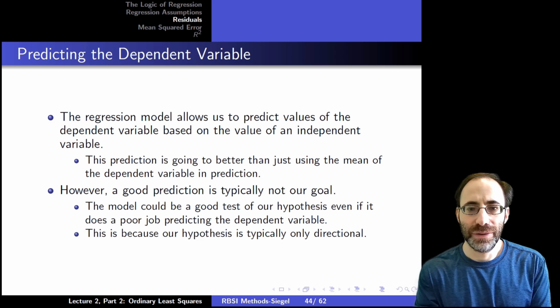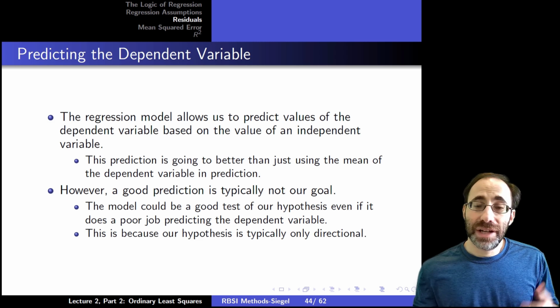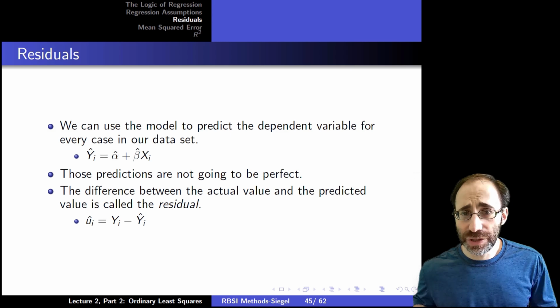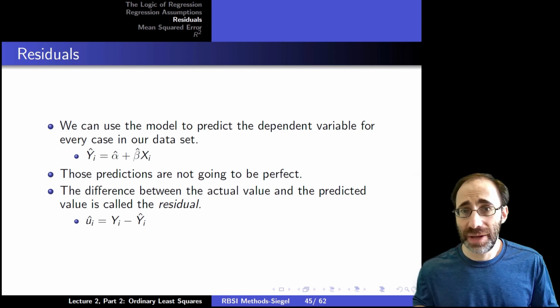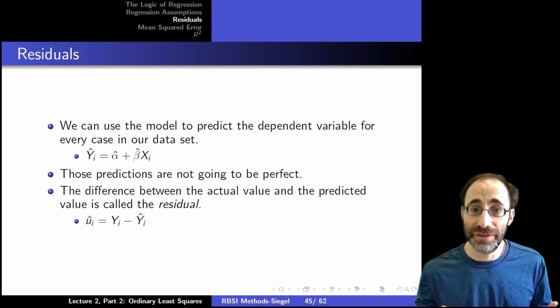Now, I'm going to argue about that, but I'll leave that aside for now and move on to discussing more about goodness of fit, because despite that focus on hypothesis testing, we do sometimes want to know how well we do at capturing variation in our dependent variable.